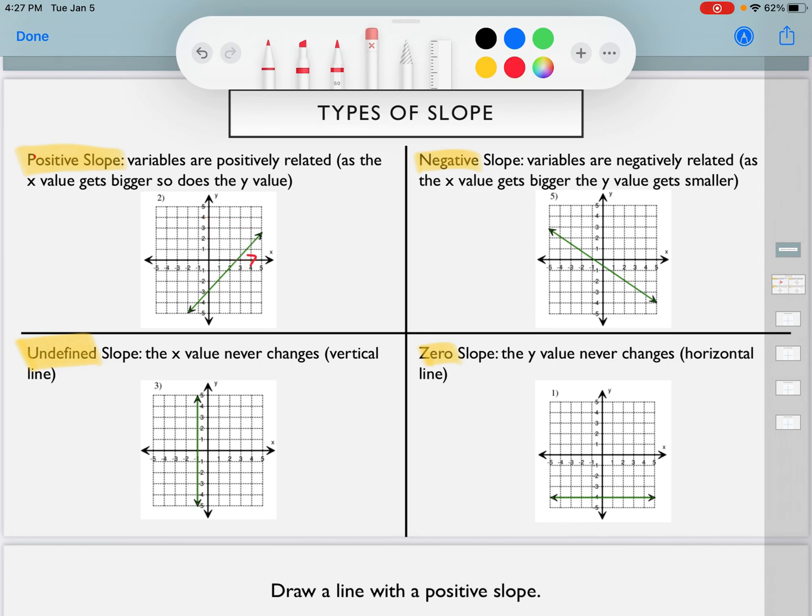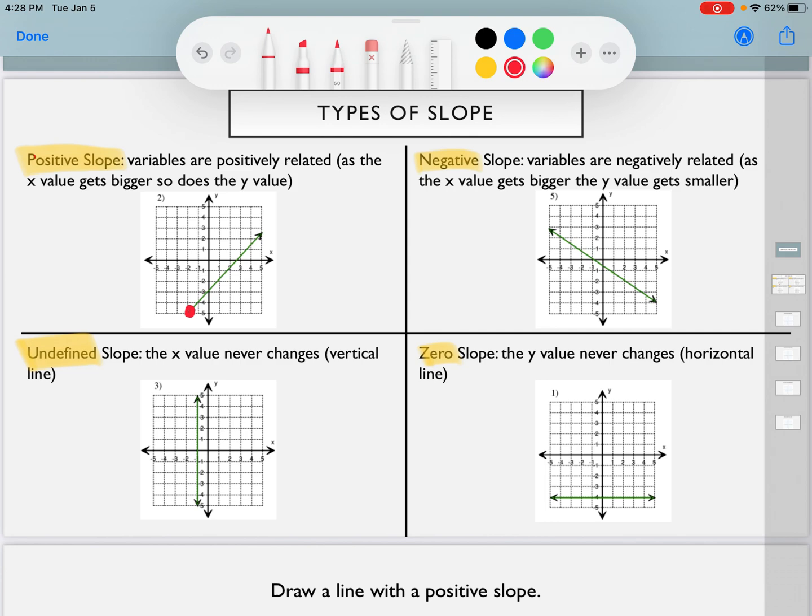Now, in a more general sense even than that, how I tell if things are positive or a negative slope, we're just ignoring zero and undefined for now because those are more memorization. For me to figure out if something has a positive slope, what I do, positive or negative, I put a dot on the furthest left point on my graph. So on the line that I'm testing, I put my dot on the furthest point.